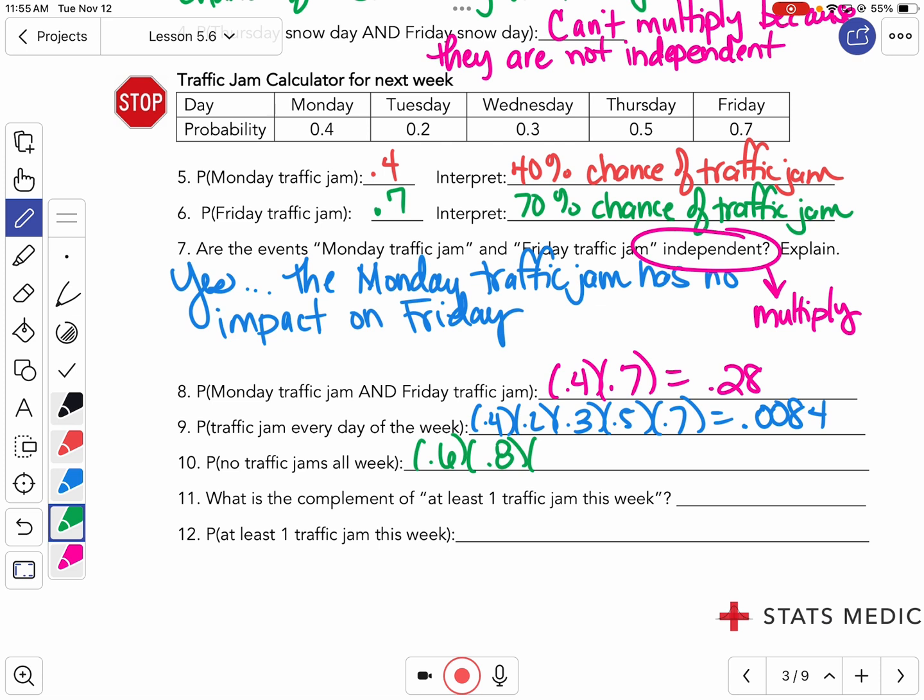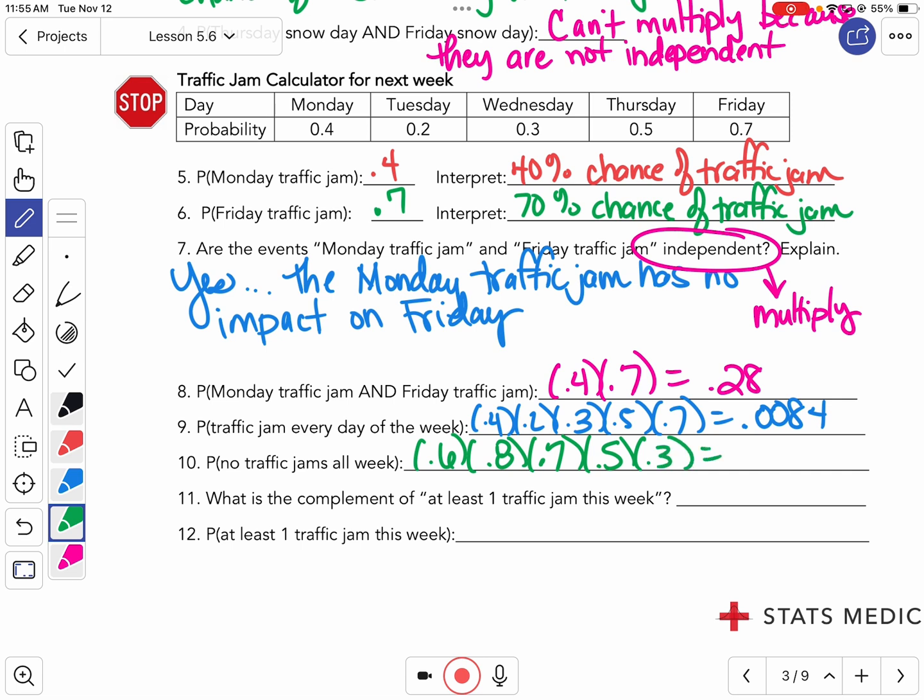So on Wednesday, probability that I will is 0.3. Probability that I won't, 0.7. On Thursday, probability that I will, 0.5. So probability that I won't is 0.5. And then on Friday, 0.7 that I will, so 0.3 that I won't.